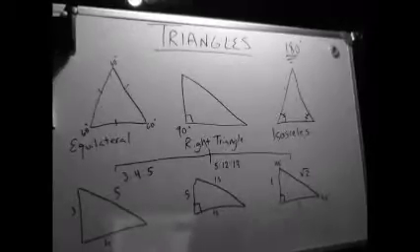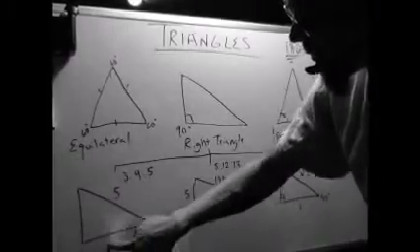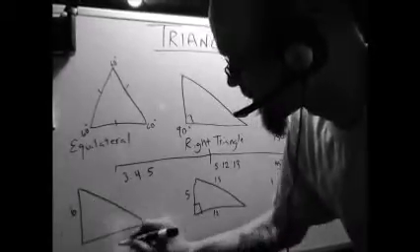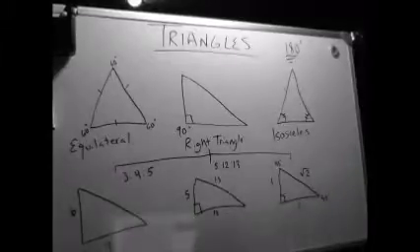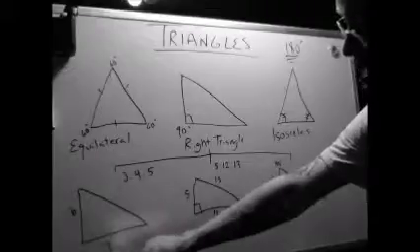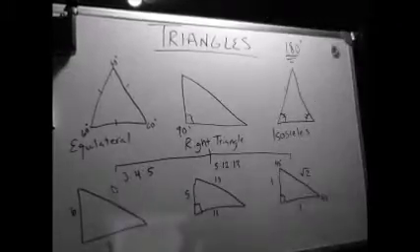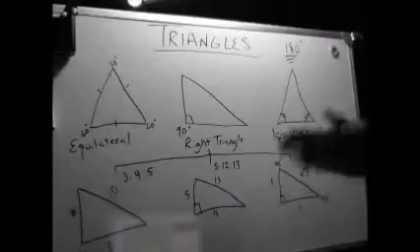For example, if this length here is 6 and this length here is 8, then you can recognize that this is a 3, 4, 5 triangle with a multiplier of 2. 6, add 2 more, you get 8, 2 more to that, and you know the length to this is 10.